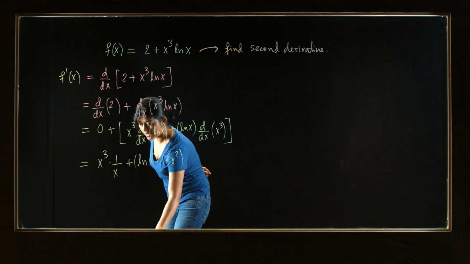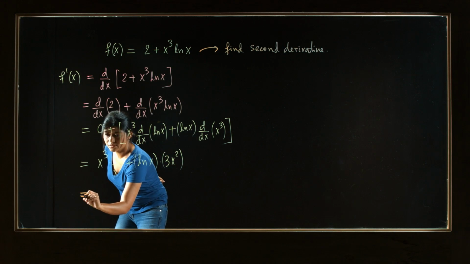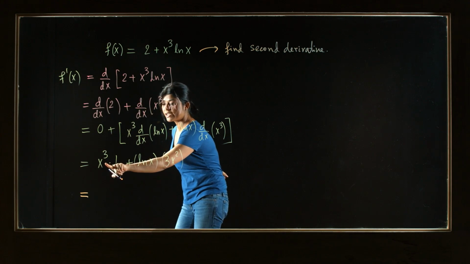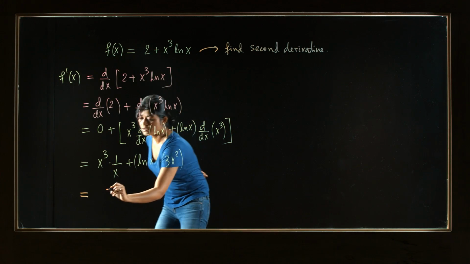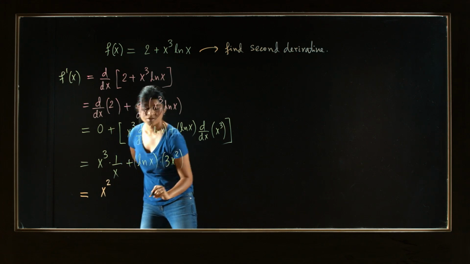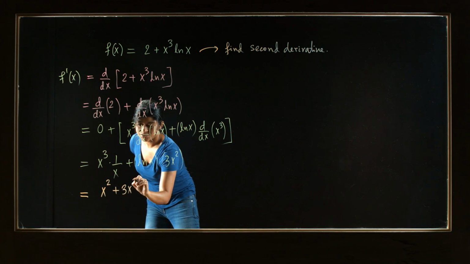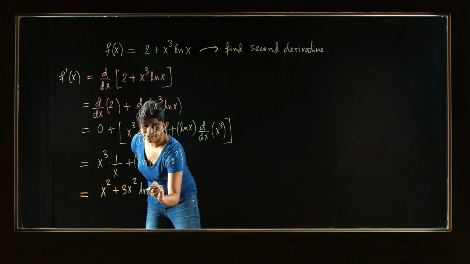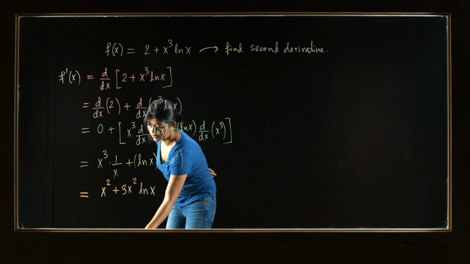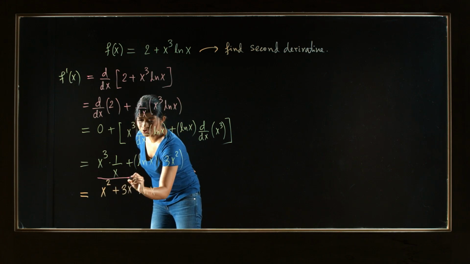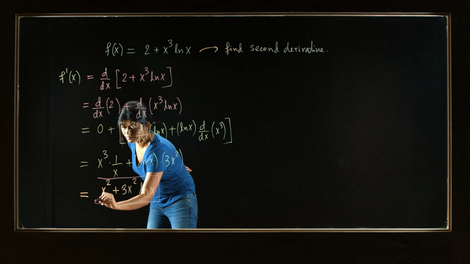If we simplify a little bit, the first expression is x cubed divided by x, so it is x squared. And the second expression is 3x squared natural log of x. So that is our first derivative.